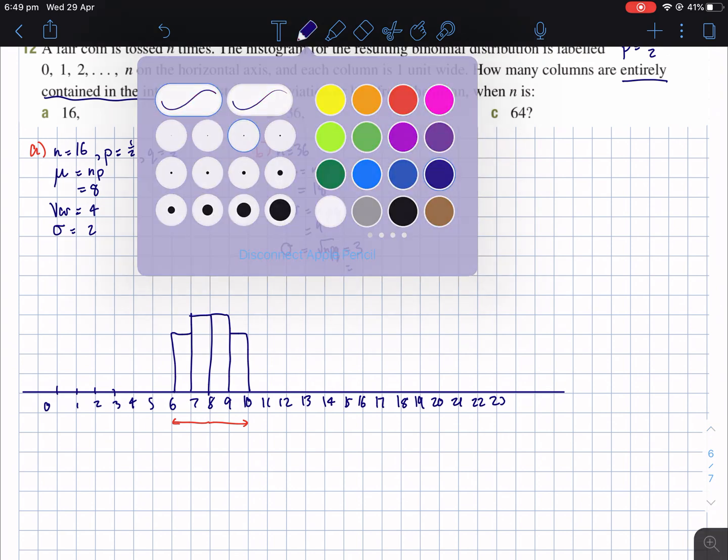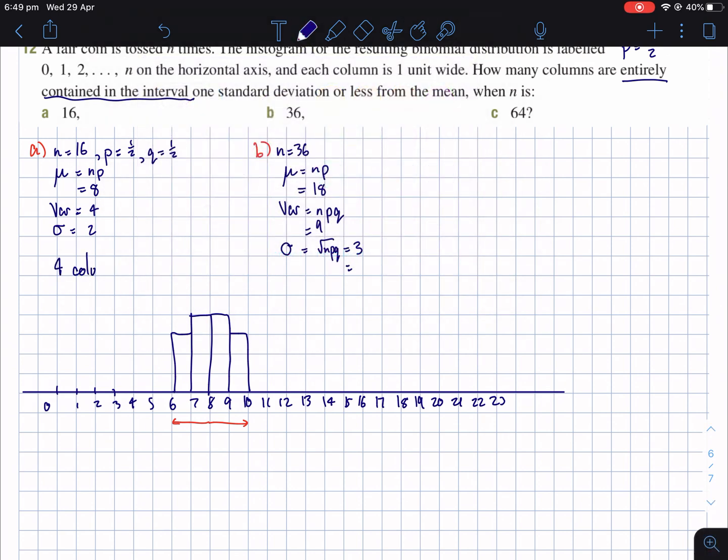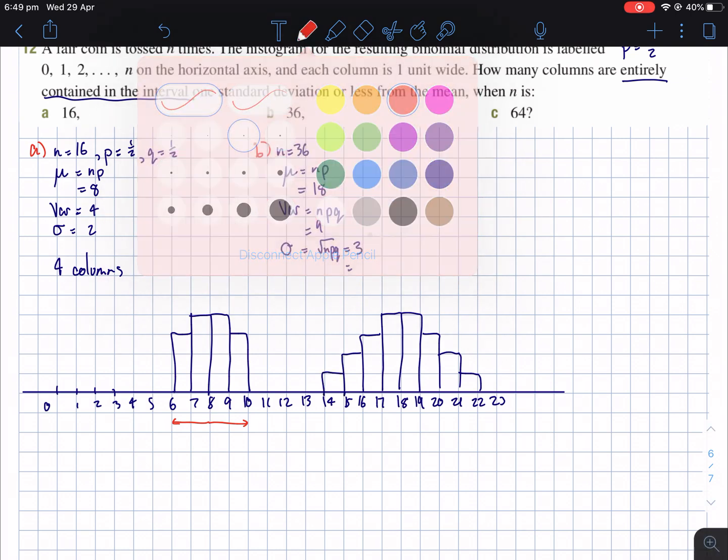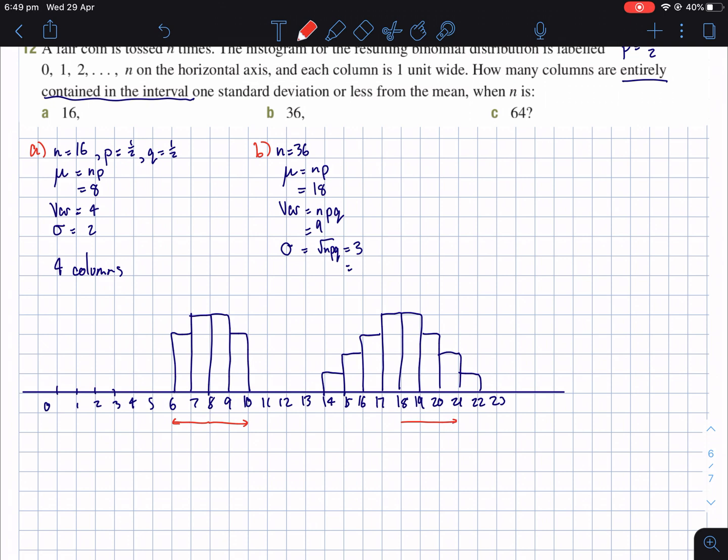So we've only got 4 columns. And for 18, we're going 3 each way, up to 21, down to 15, so that's 6 columns.